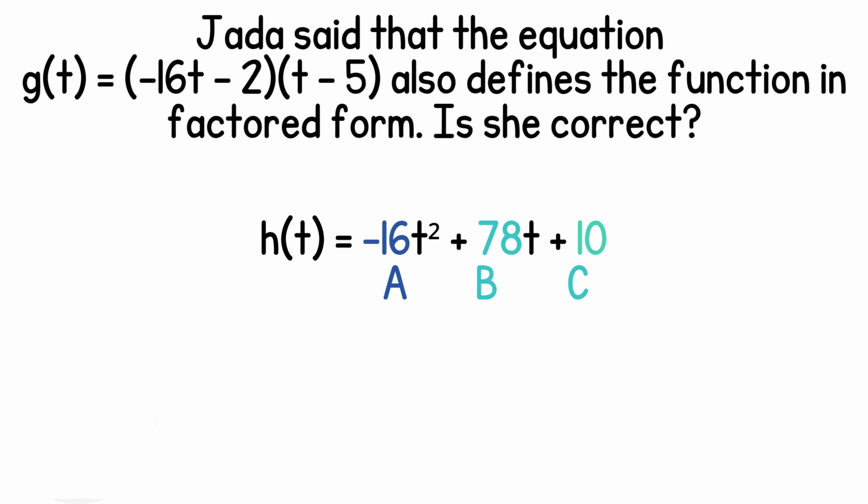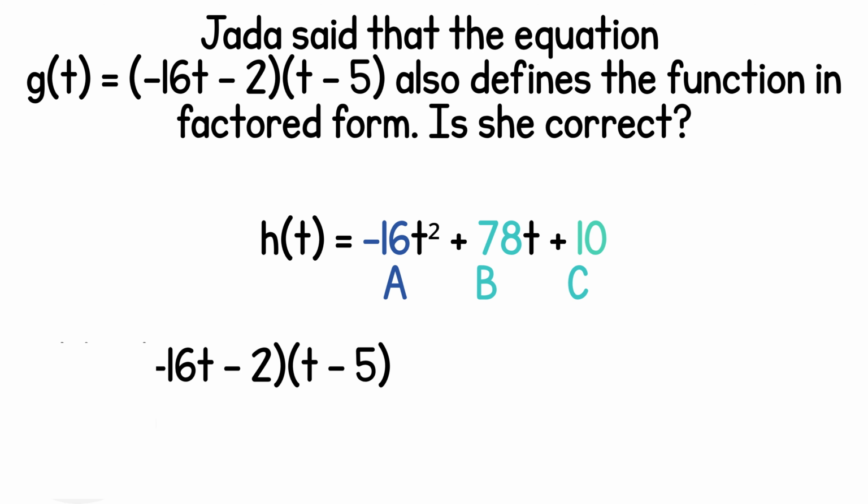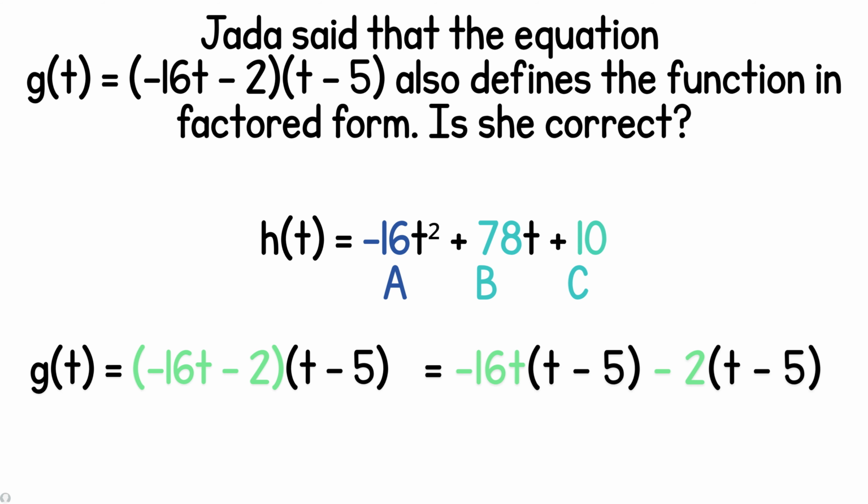Is she correct? So let's take the function that she gave us and we'll expand it to see if it simplifies to what we have for h of t. So we'll distribute the negative 16t minus 2 to t minus 5. We'll start with negative 16t times t minus 5 minus 2 times t minus 5.